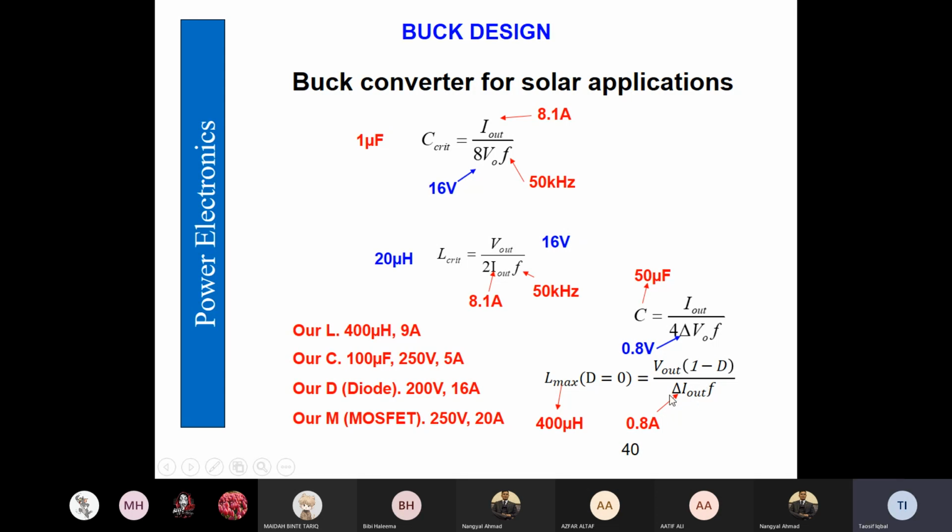Similarly, for current, the ripple factor is given as 10%. So therefore, 8.1 ampere current multiplied by 0.1 gives us 0.8 ampere current ripple. And for that 0.8 ampere current ripple, we get the value of inductance, which is around 400 microhenry.